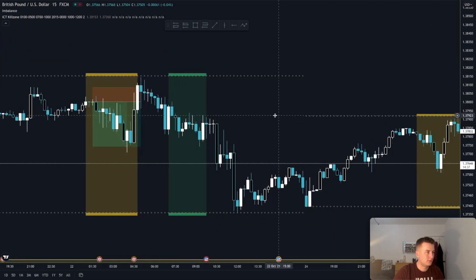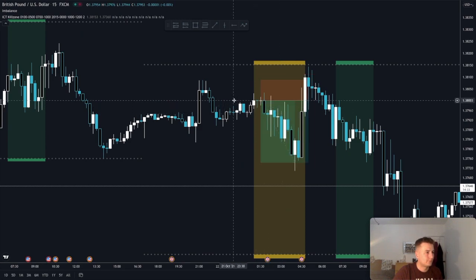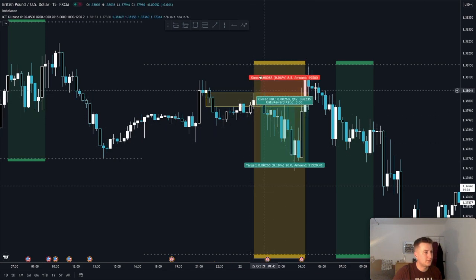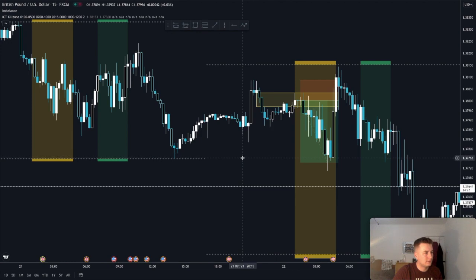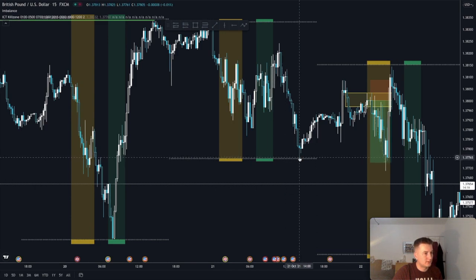So Friday comes, and obviously I've got the imbalance right here. I expanded it out, entered on the 50% mark, stop loss at these highs, and I targeted this low.